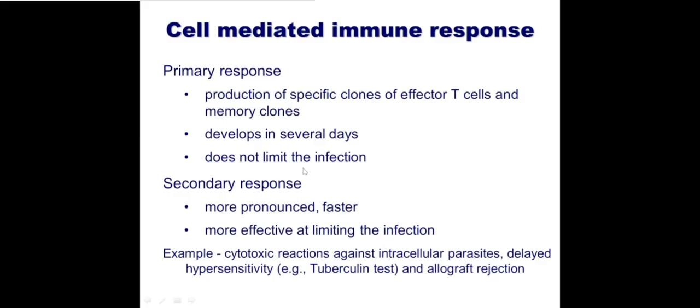So during the second response, the response will be faster because memory cells recognize that pathogen easily. More effective at limiting the infection. Examples: cytotoxic reaction against intracellular parasites, delayed hypersensitivity and allograft rejection.